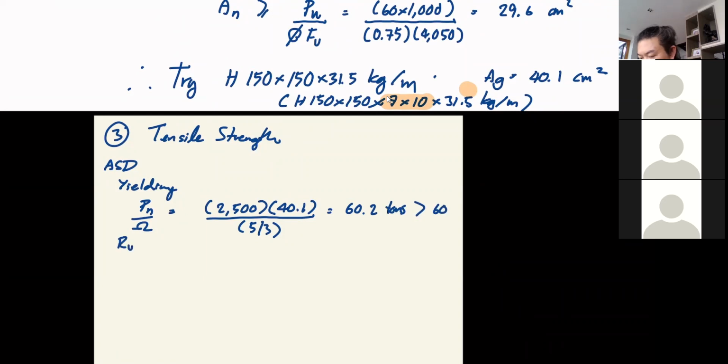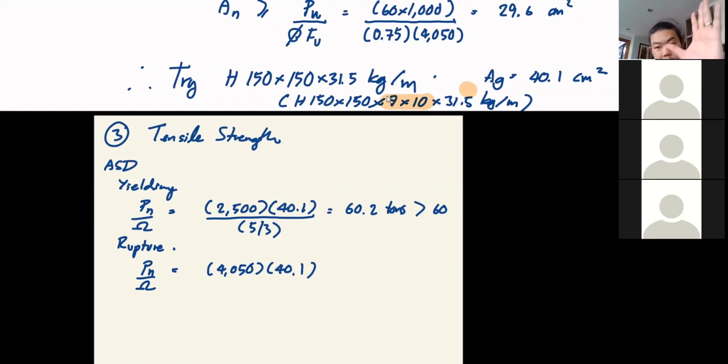And rupture, we are going to have P nominal divided by factor of safety. That's going to be Fu multiplied by the area. The effective net area is equal to the gross area because we don't have holes and we weld every element to the support.